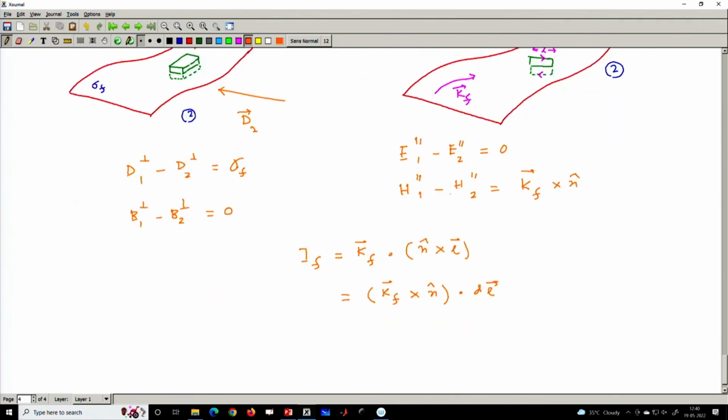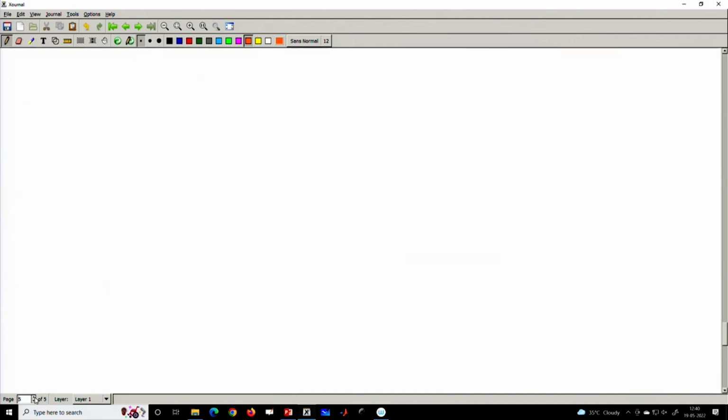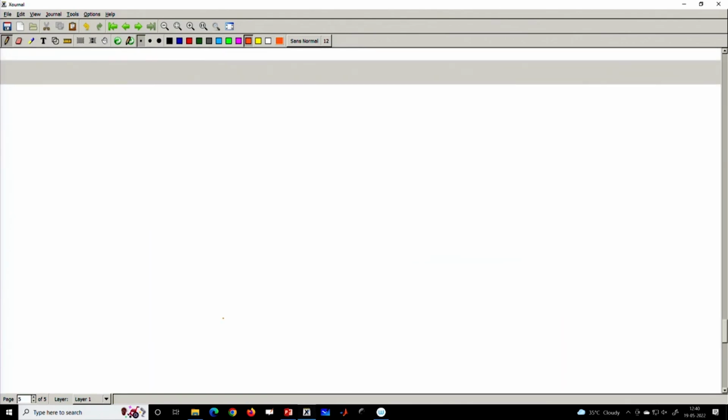This is precisely the boundary condition in terms of D and H. Now, after having these boundary conditions, let us jot down what we had so far in terms of Maxwell's equations in different mediums, in different cases.